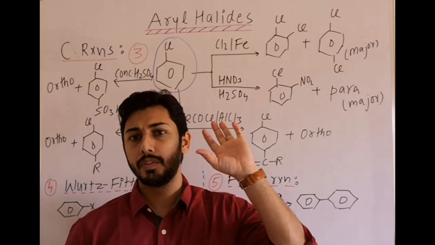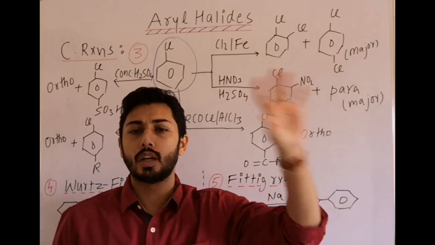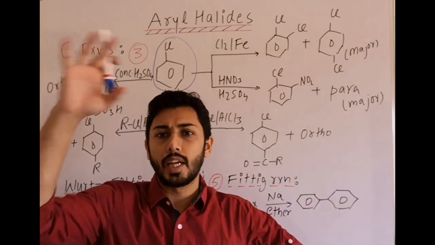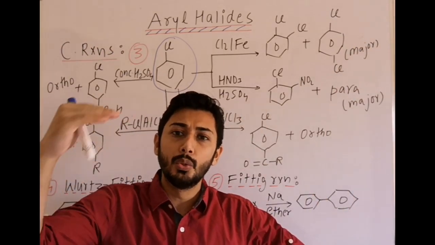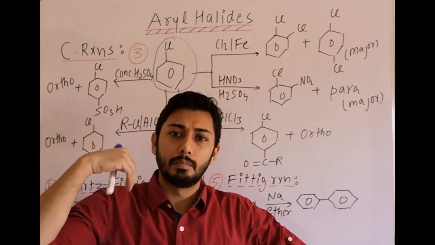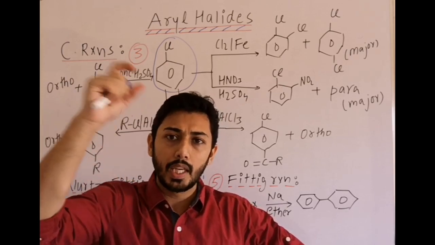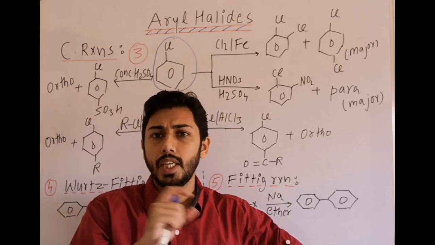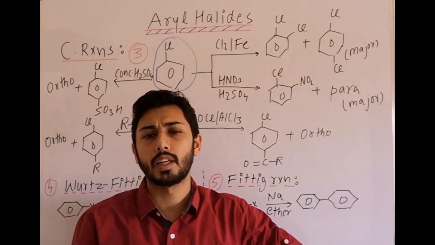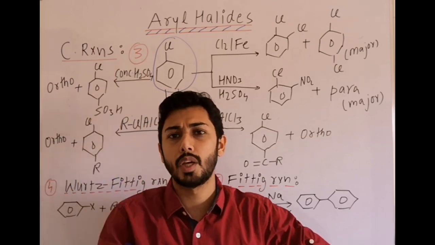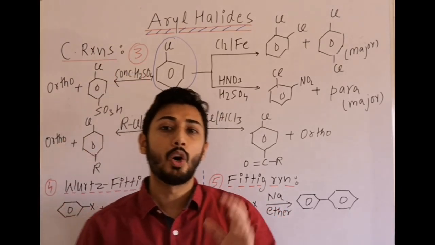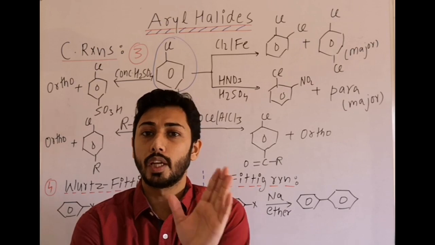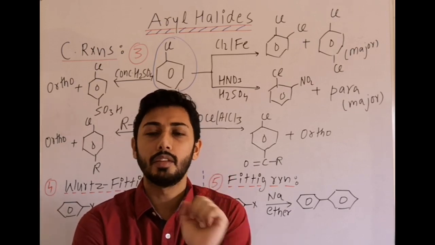Second point is that although they are deactivating, they are ortho para directing groups. This part, if you see that topic again, aromatic hydrocarbons, we have done that the arenium ion is formed, and due to the lone pair of halogen, the arenium ion gets stabilized. That is why they are deactivating, still they are ortho para directing. So you can revise that mechanism which we have written, that why they are ortho para directing although they are deactivating groups.